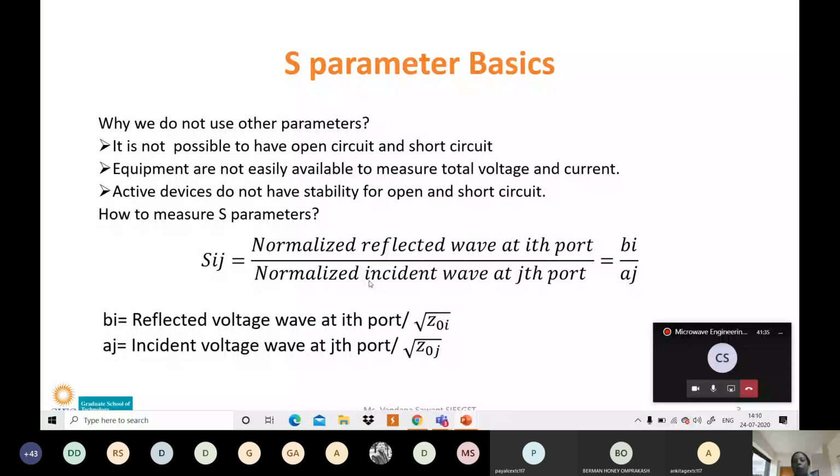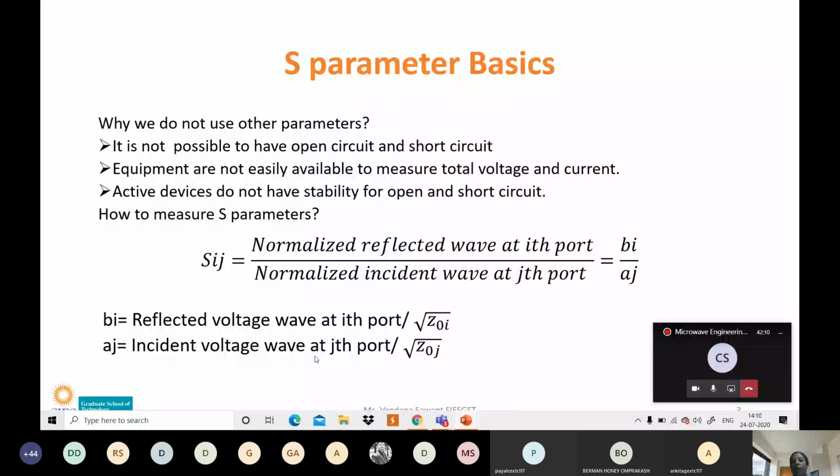So the wave is calculated in terms of the voltage, and to normalize it, we divide by the characteristic impedance. So Aj, the normalized incident wave at the jth port, is the incident voltage wave at the jth port divided by the square root of Z0j, where Z0j is the characteristic impedance of port j.